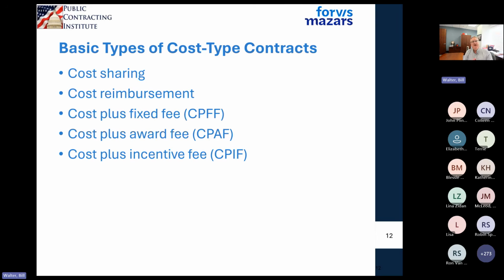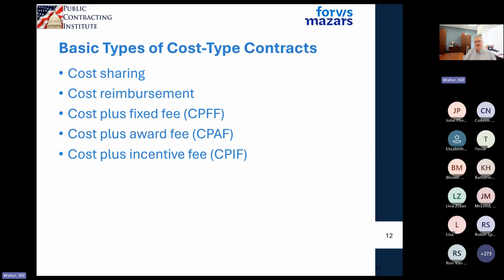Cost plus award fee, this is you get a report card with your work. And if you get a high report card score, chances are you'll recover a part of an award fee pool. If you get an average or below, chances are you'll get no award fee. So it could almost become a cost reimbursement type contract. And then a cost plus incentive fee is where the government has some sort of incentive.